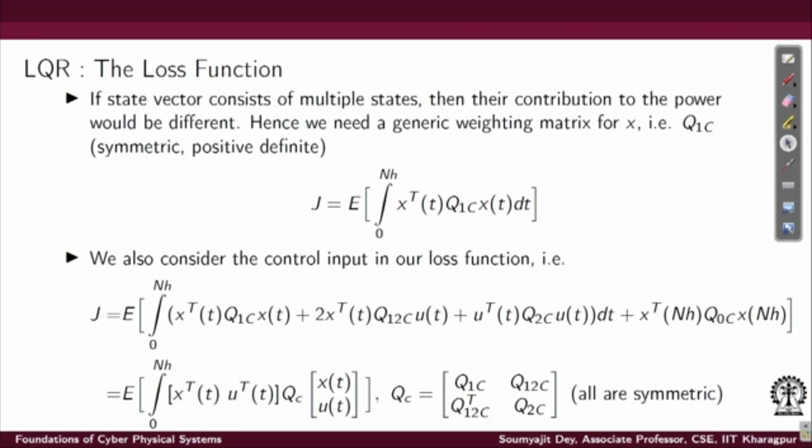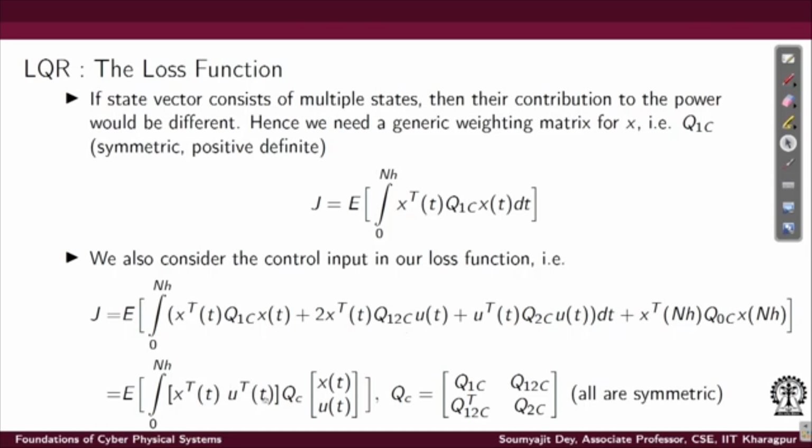So, if you write this in a kind of shorthand, it will be like this, where you consider x and u together as a vector, and you have this integral from 0 to the horizon n, and you have the state with x and u here, so basically you have a full quadratic expression on both x and u together.